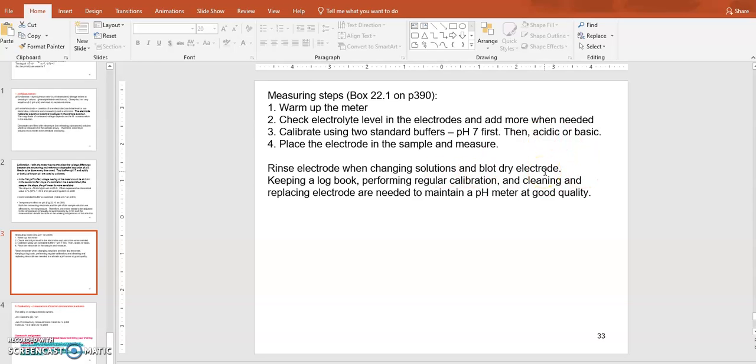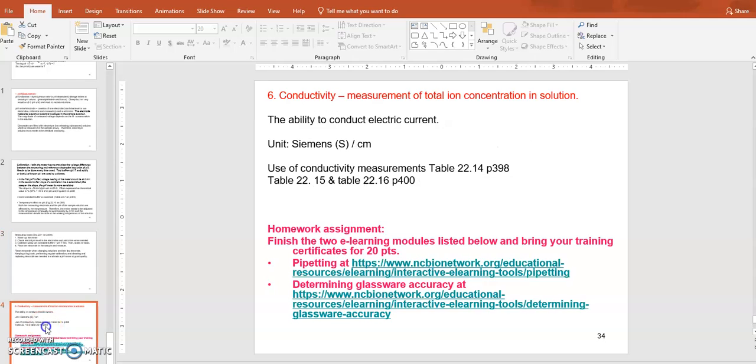Instead, you just dab your electrode with the Kimwipe. You do that because if you wipe it, you may create some static electricity, and you don't want to affect the pH electrode with static electricity. So that's why you don't wipe your electrode. Instead, you do the blot dry. That's very important.